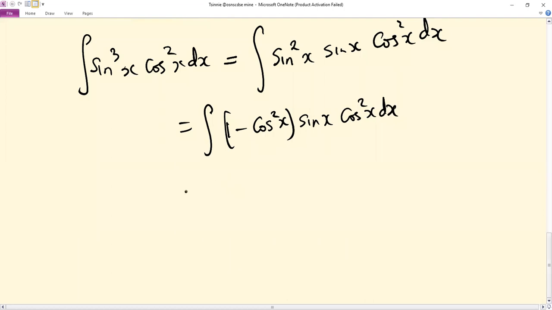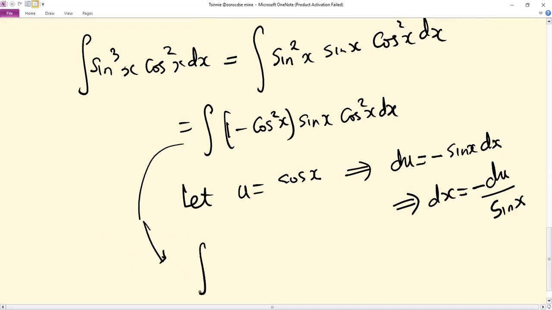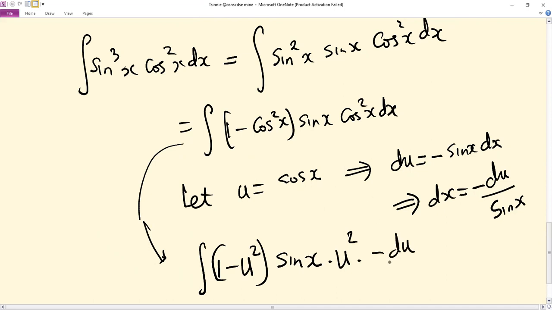And you make the substitution, let u be cosine of x, which means that du will be negative sine x dx, which implies that dx alone will be negative du over sine x. So which means that this integral will now be the integral of 1 minus u squared, sine of x, cos squared is u squared, and then dx is minus du over sine of x.